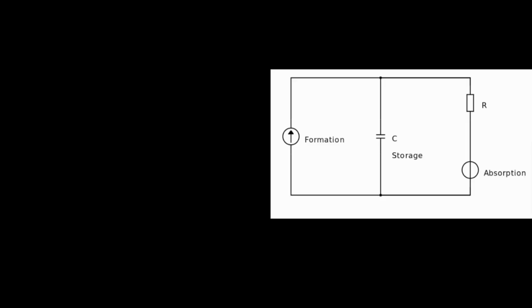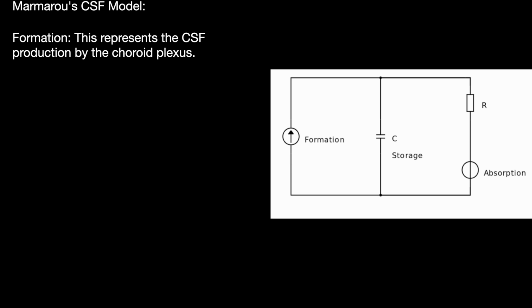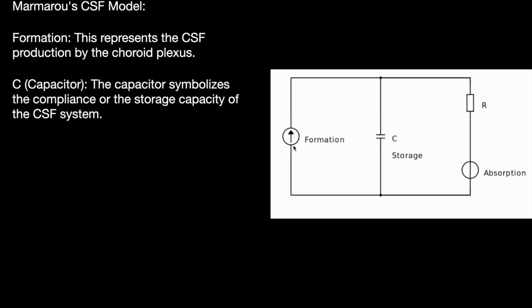So what are the new concepts and how will they help us in managing these type of patients? This is called the Marmarou CSF model. It basically deals with this kind of an electrical scenario. They are breaking down the CSF into an electrical circuit. So first we have the formation. This represents the CSF production in the choroid plexus. Next we have the capacitor, that is the storage of the CSF or the compliance of the system.